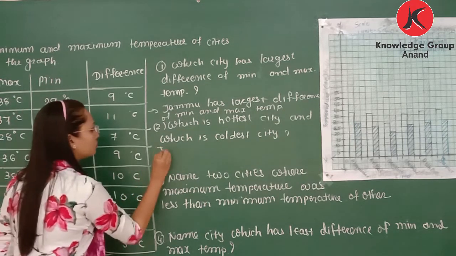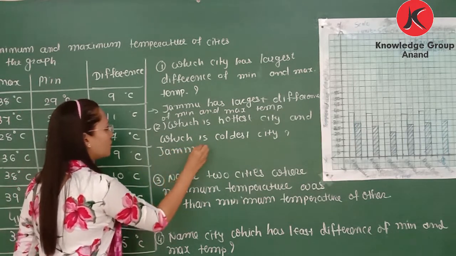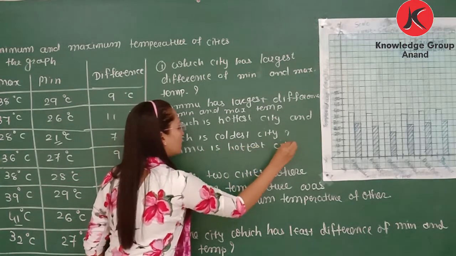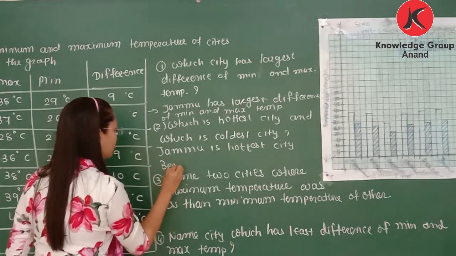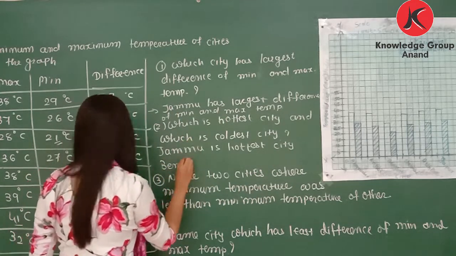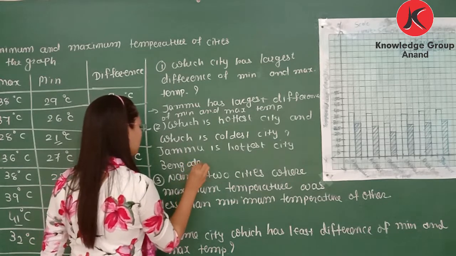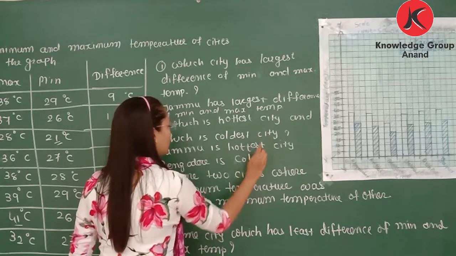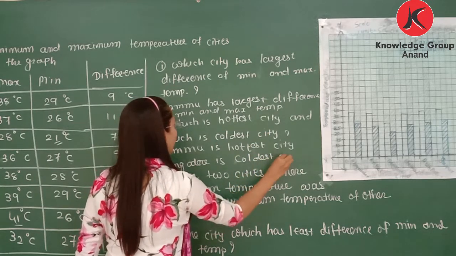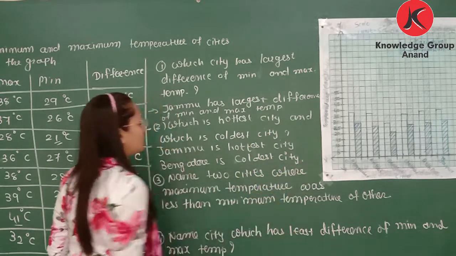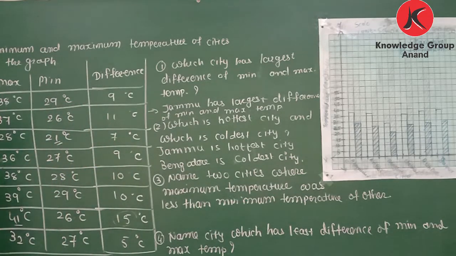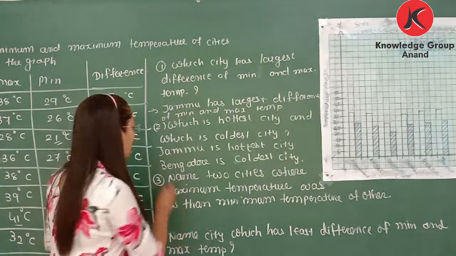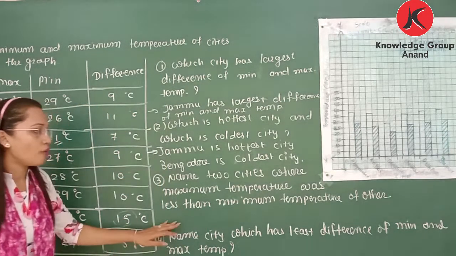So Jammu is hottest and Bangalore is coldest city.